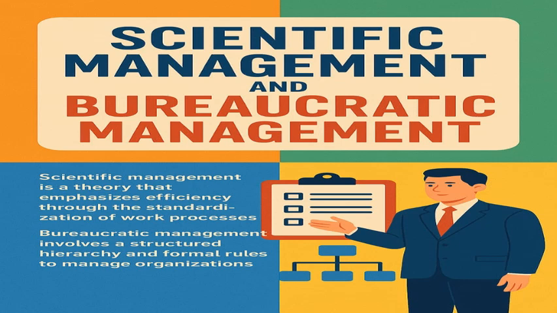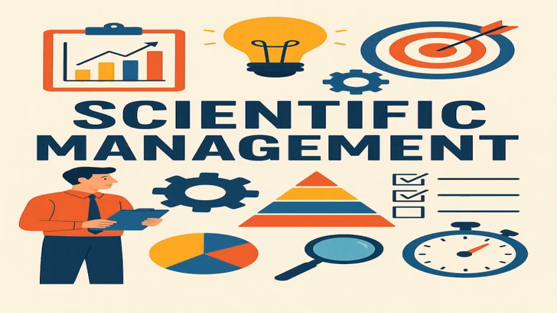Efficiency means getting more output from the least amount of input, meaning low wastage of resources. Bureaucratic management involves a structured hierarchy and formal rules to manage organizations.